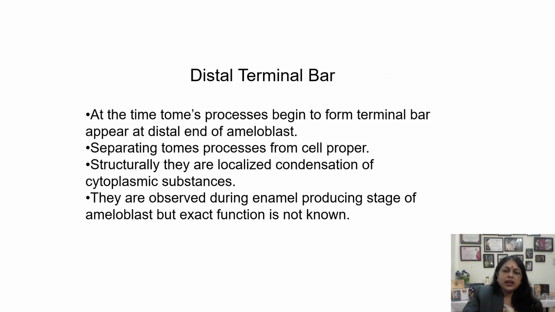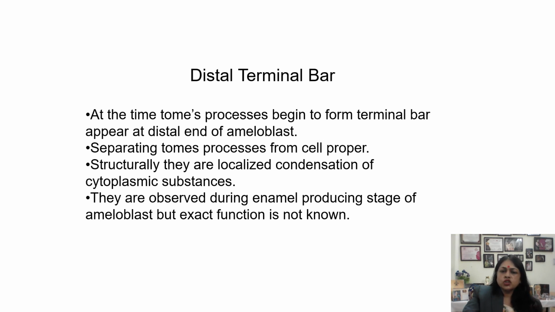The next part that happens in the formation of enamel matrix is development of distal terminal bars. At the time the Tomes process begins to form, terminal bars appear at the end of the ameloblast, separating the Tomes process from the cell proper. And what are these terminal bars?